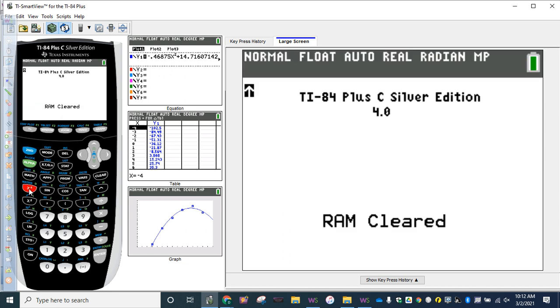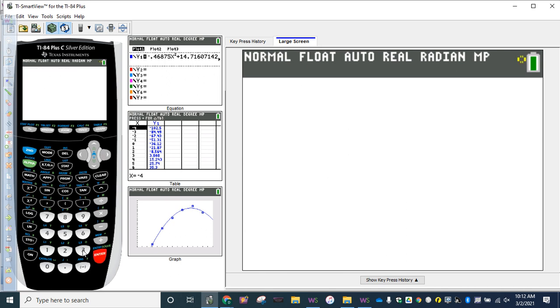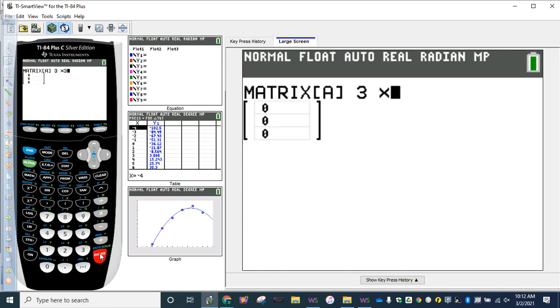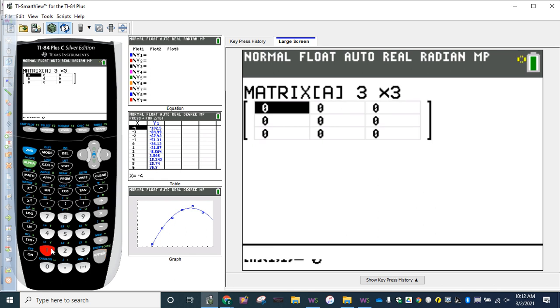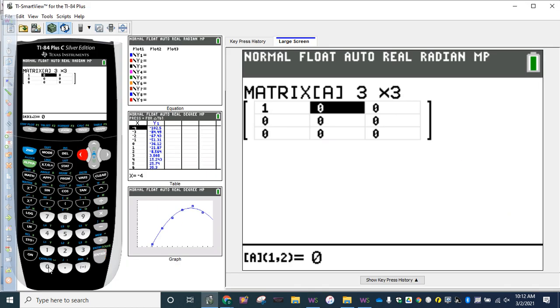So I did second x to the negative 1 over to edit, and then I want a 3 by 3 matrix. So I've got 1, there's 0, 0, 1, and we're doing something wrong already. Second one is 1, negative 1, 1. Third one is 1, 1, 1.